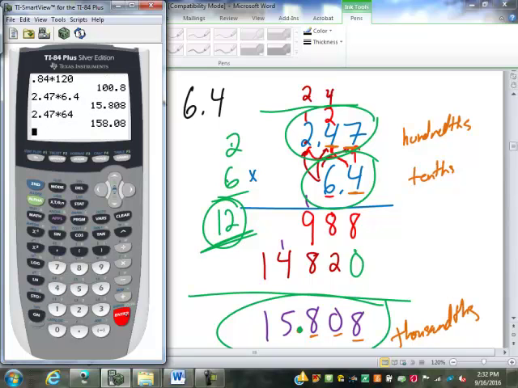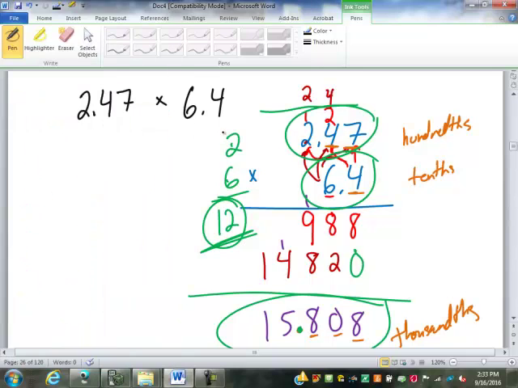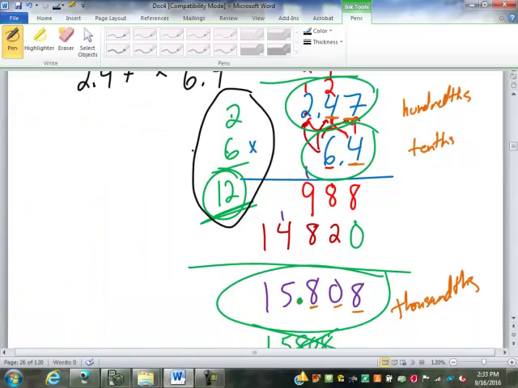My decimal point didn't register, but what do you notice is similar about those two answers? Yeah, they're the same numbers, the decimal point's just in the wrong spot. It's 15.808, but the decimal's between the 8 and the 0 instead of between the 5 and the 8. So if you miss that decimal point on your calculator, you get the exact same digits, just the decimal point's in the wrong spot. So when you're multiplying, it's very important you do that estimate first to have an idea of where your answer should be.